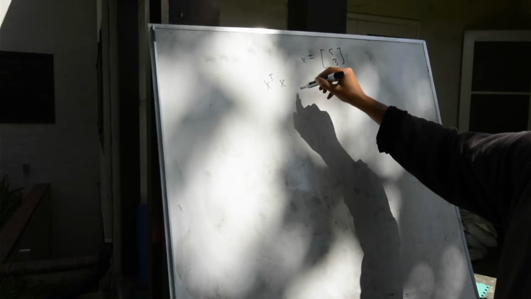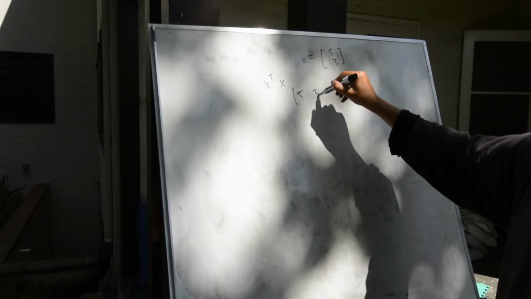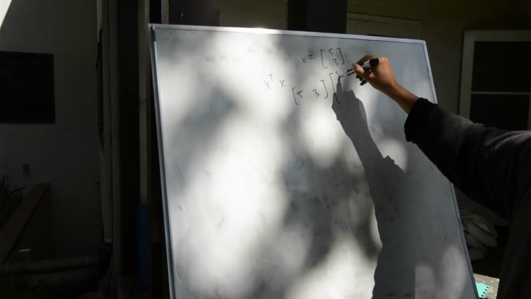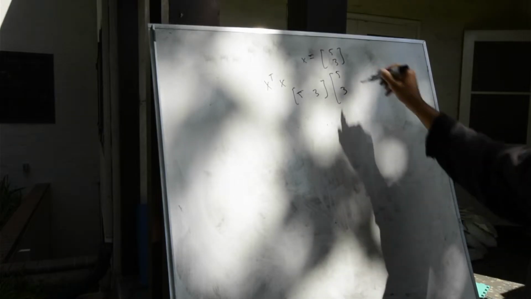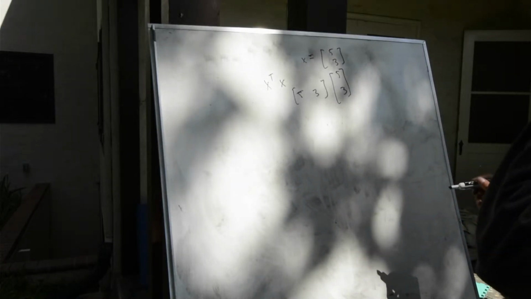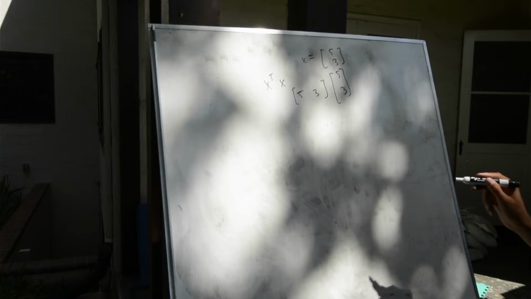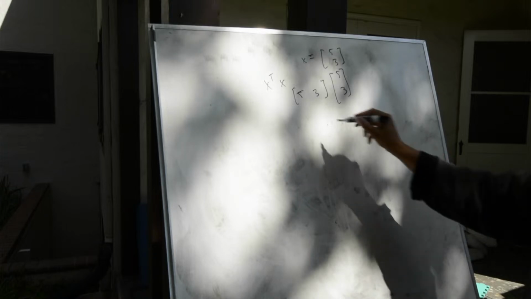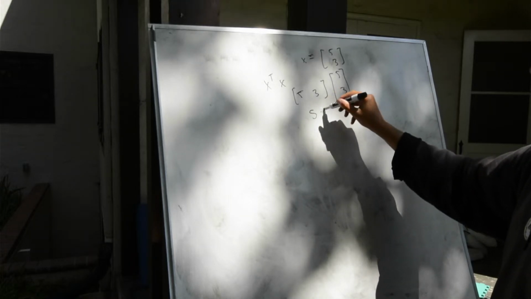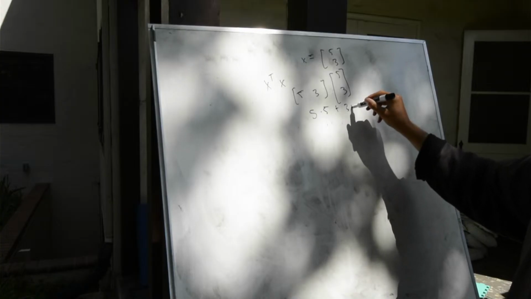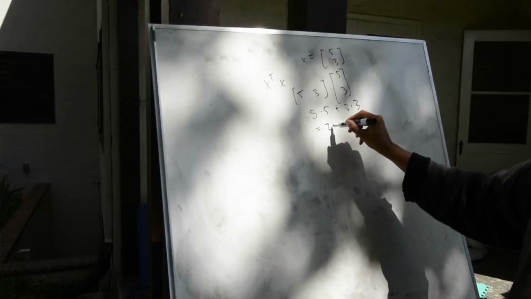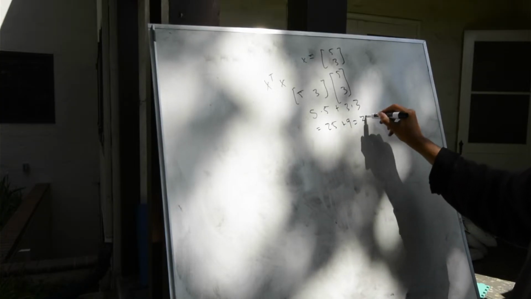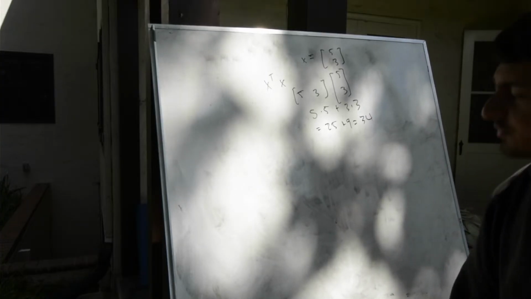So we're going to have 5, 3, 5, 3. So here's what we're going to do. It's going to be 5 times 5 plus 3 times 3, which is 25 plus 9, equal to 34. That's the last one. That's the dot product of X with itself.